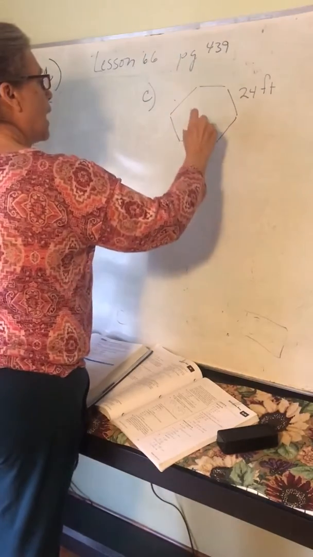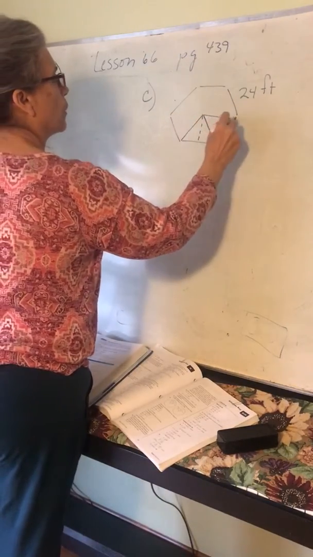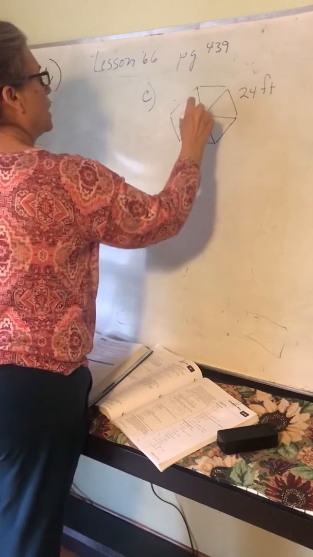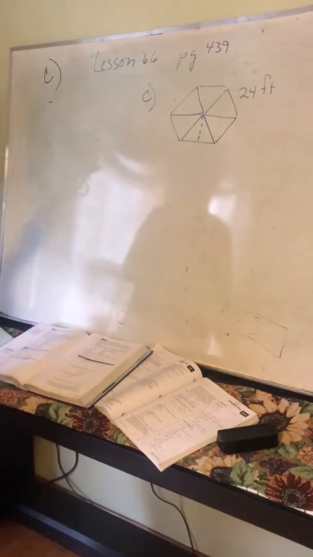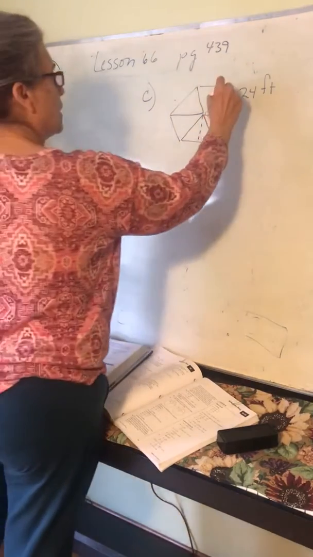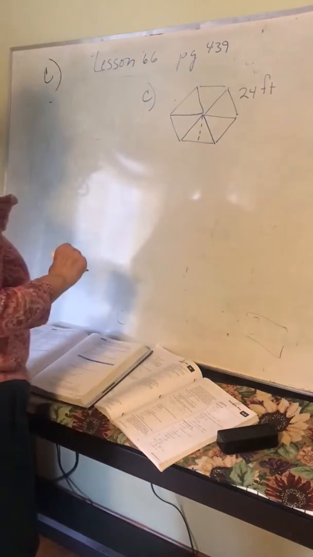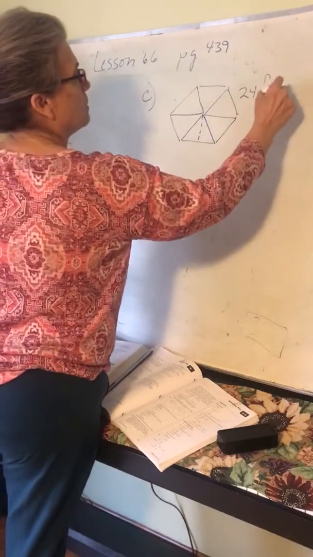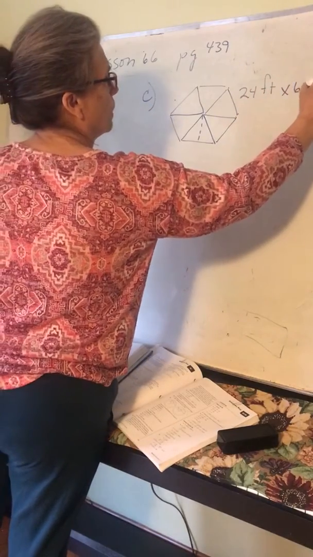You do not know that, which you are going to have to figure out in order to solve this problem. You do know the length of one of the sides. So times 6 will equal the perimeter.